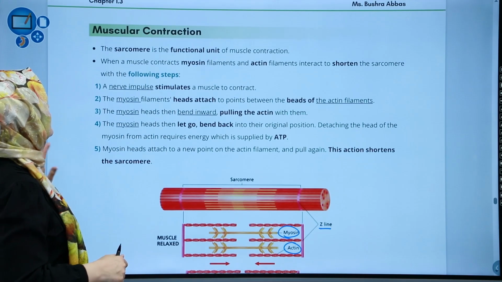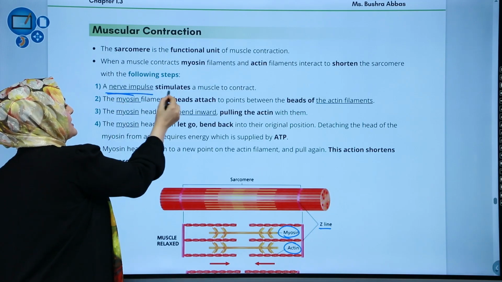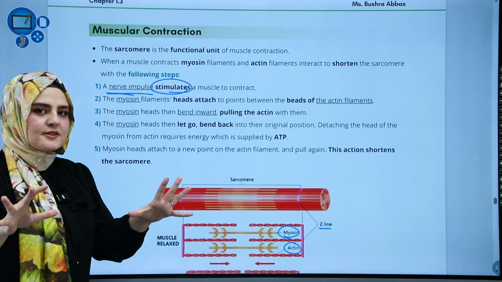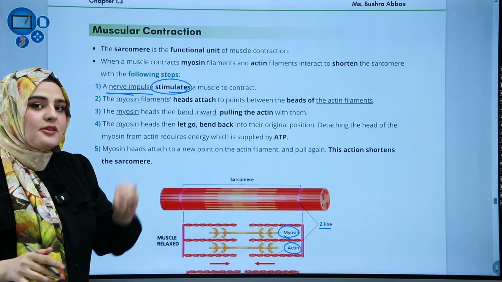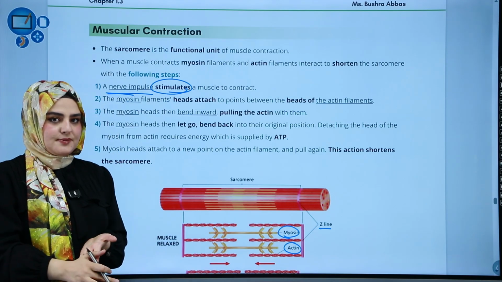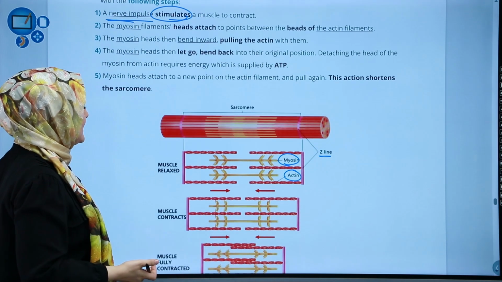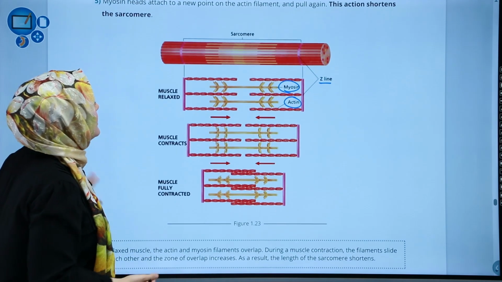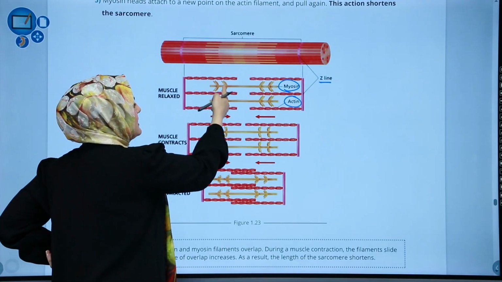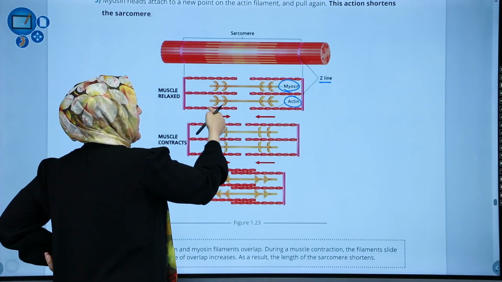The first thing you need is a nerve impulse that is going to start the whole process. Without the nerve impulse, you don't have the process. Then let's see what's going to happen. You could clearly see that we have these myosin between these actins.